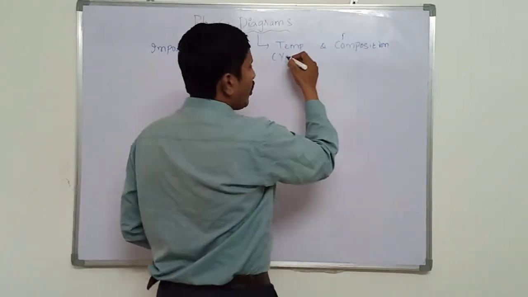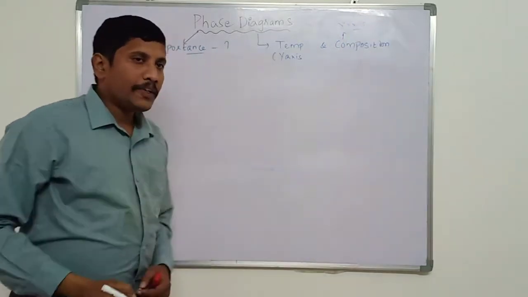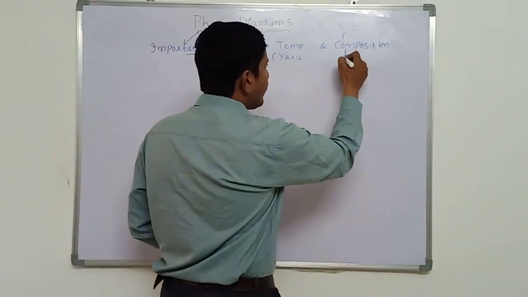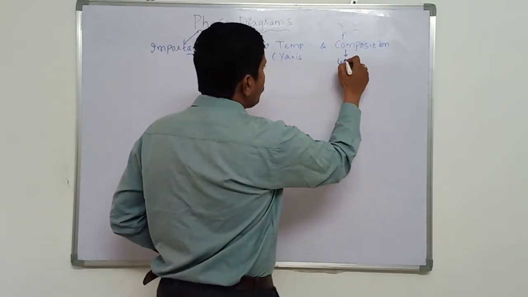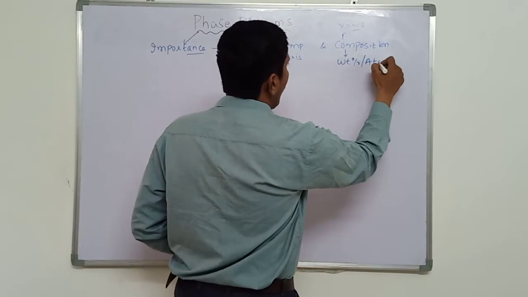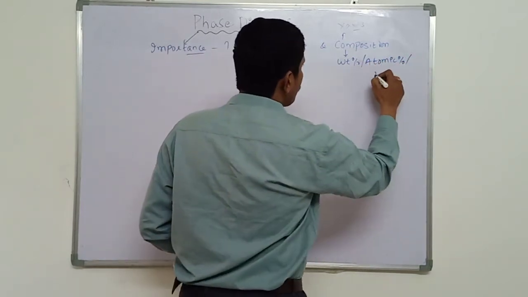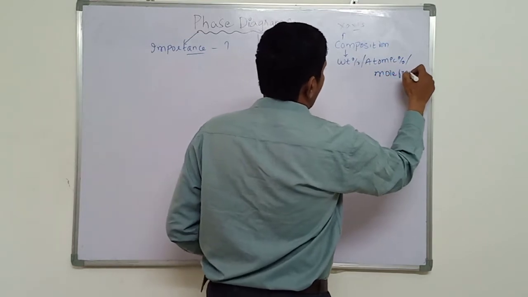So temperature on the ordinate and composition on the x-axis. Okay, so the composition of the alloying element may be expressed in terms of weight percentage, or atomic percentage, or mole fraction.